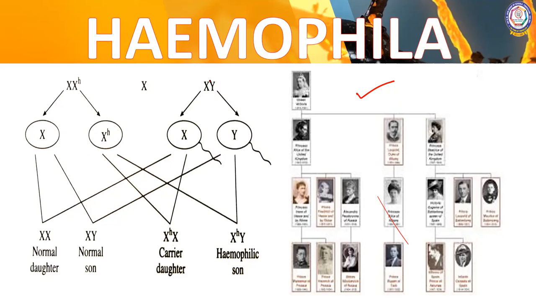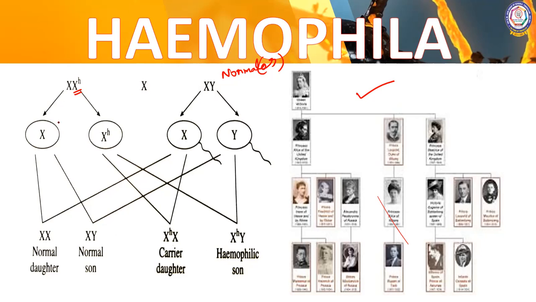When a person, this is a normal male. When a normal male marries a carrier female, she's a carrier because it is a heterozygous condition. What are their resultant progenies?